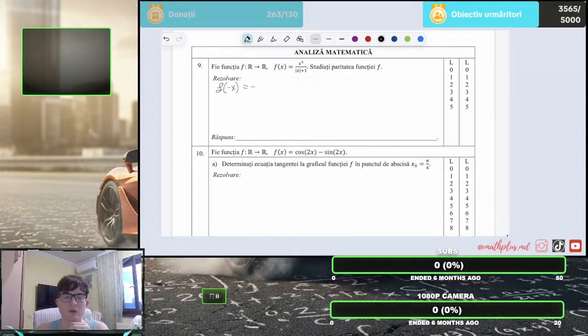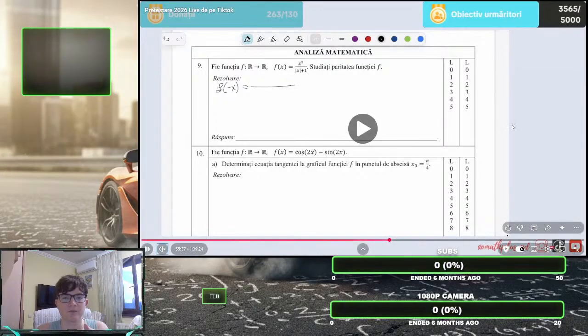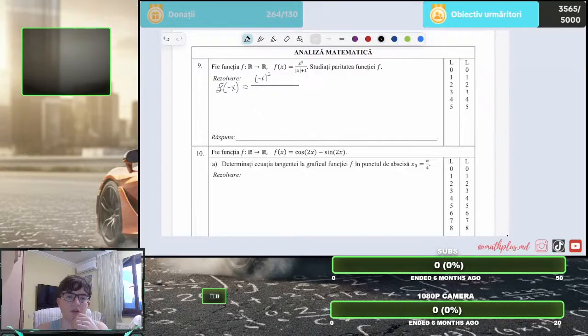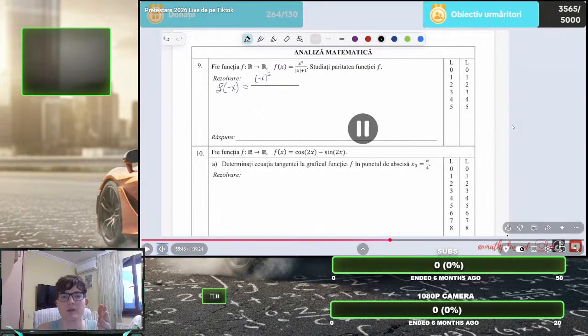You just need to know when you study the parity of a function, of a relation, essentially if f of minus x, so when you plug in minus x, is equal with minus f of x, essentially the function, I think it's odd, or stuff like that. And if f of minus x is equal with f of x, then it's even, stuff like that.